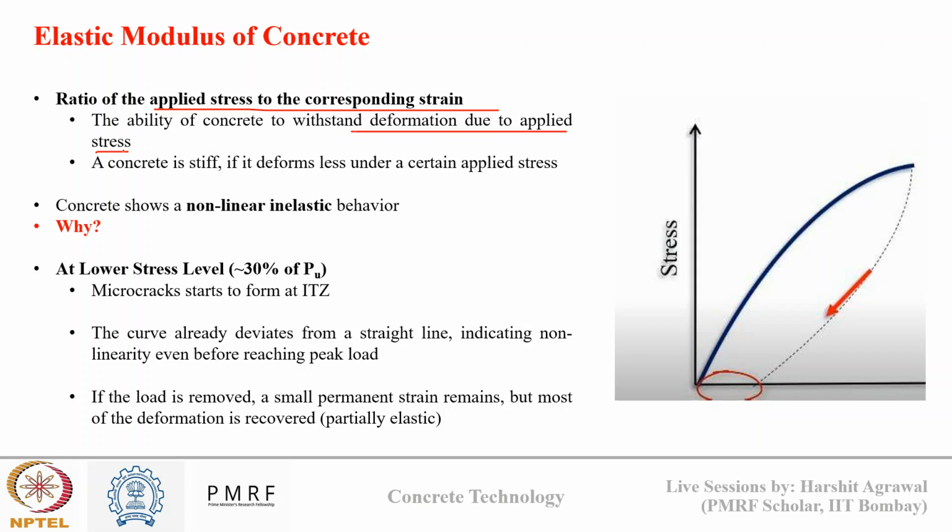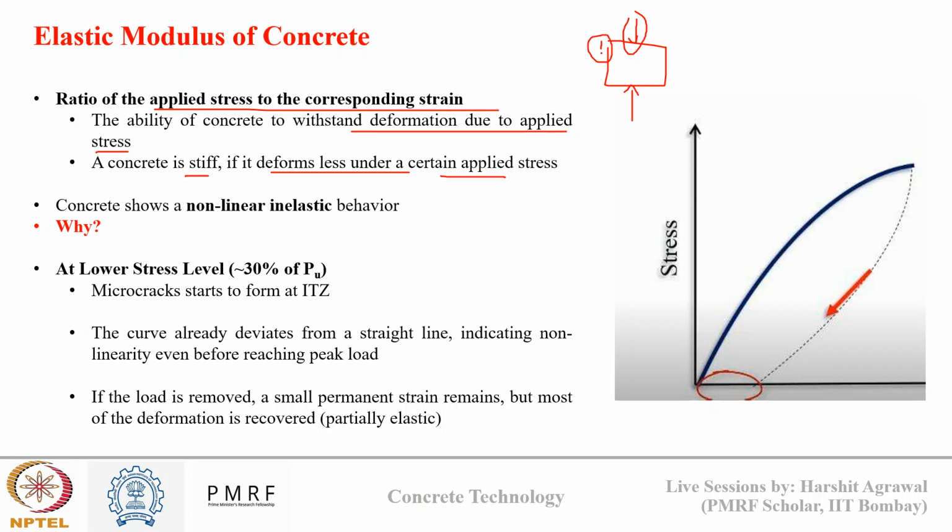If a concrete is stiff, we say it deforms less under an applied stress. When we do compression testing of concrete, we are applying stress on concrete, and due to this stress there is strain, that is, deformation in concrete. This ratio of stress to strain in concrete is known as the elastic modulus of concrete.